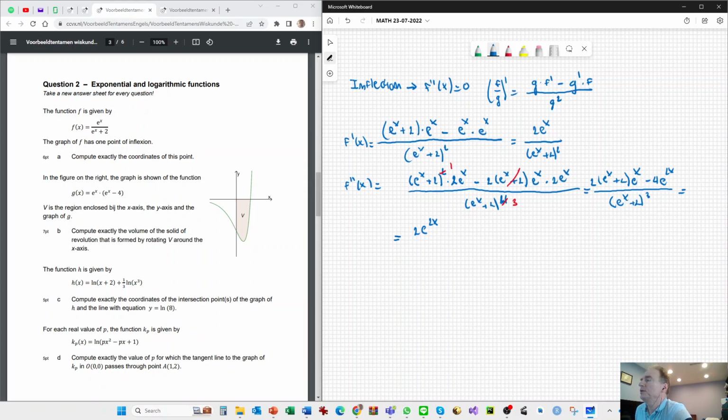And the second term is 2 times e to the power x, so it's plus 4 e to the power x and minus 4 e to the power 2x, again times this cube term.